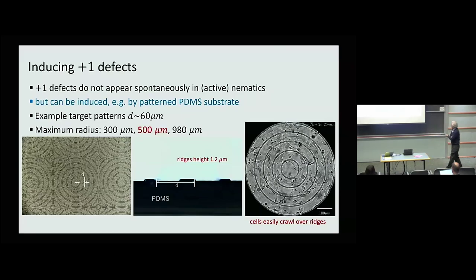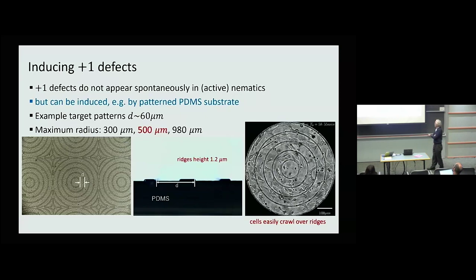At this very shallow ridge, cells can easily crawl over ridges. However, they tend to move along these ridges, but they are free to ride over them. So by using this, we can apply some kind of external force to the nematic order.